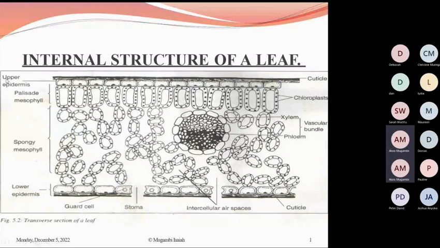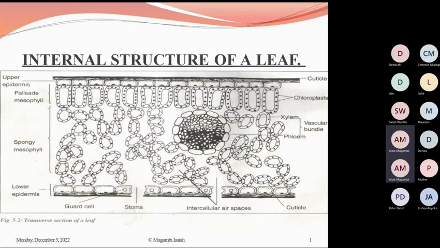First of all, we have the cuticle on the top, and also on the lower side, but later on we'll see that there are leaves that don't have the cuticle on the lower side. Then we have the palisade mesophyll.